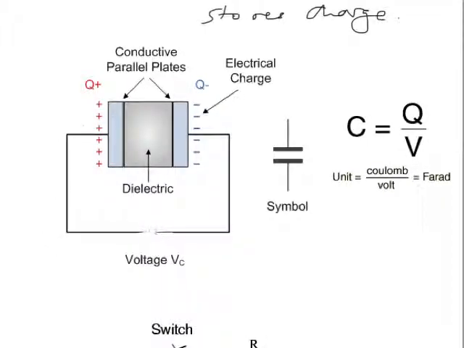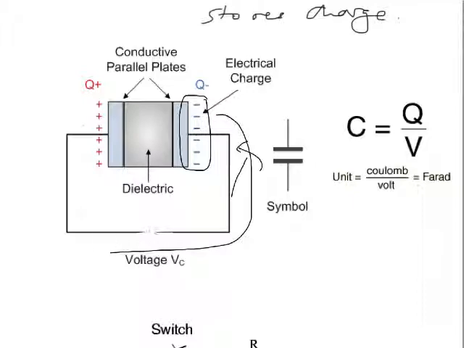If you were to now close this switch again, make the circuit complete, these electrons which are surplus here would then flow all the way round again to balance out the positive charge. So in the same way as before, you had like a surge of current until the capacitor charged up. When you remove the power supply and close the switch, this time you have another surge, but this time of discharge. Okay?